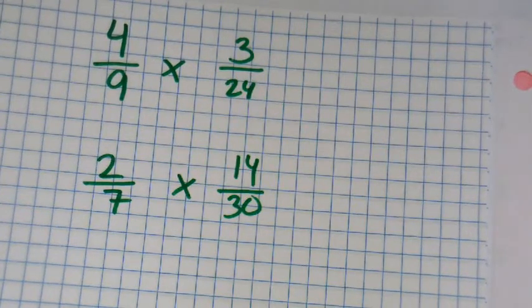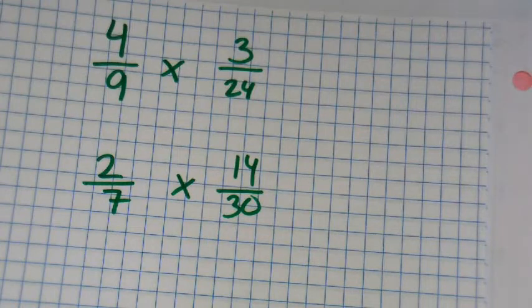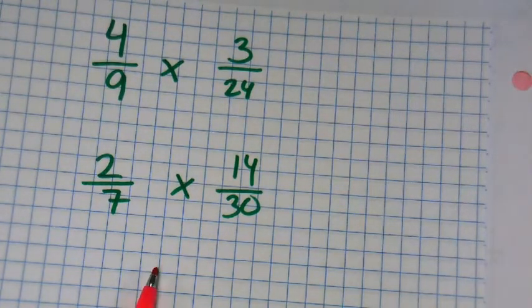Simplify is a big part of the next 2 weeks, guys. Use your multiplication table, check the corners.